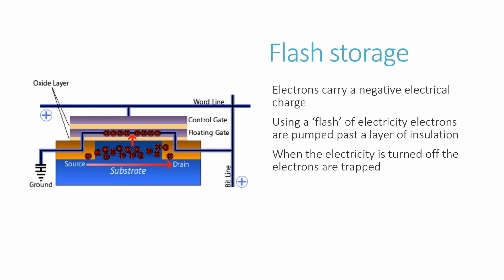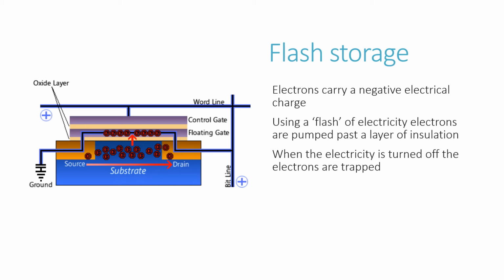And the third storage technology that I want to review is flash storage. Flash storage uses electrons, so it's much more compact than other forms of storage. As you know, if you do physics, each electron carries a very small negative electrical charge.